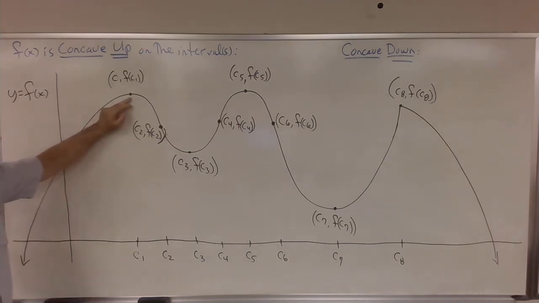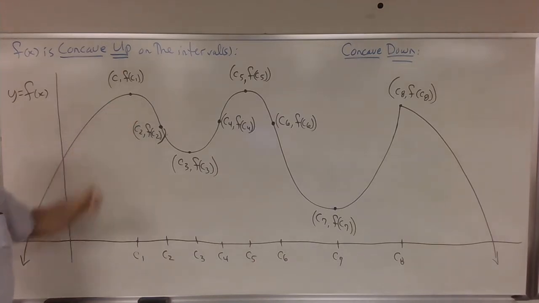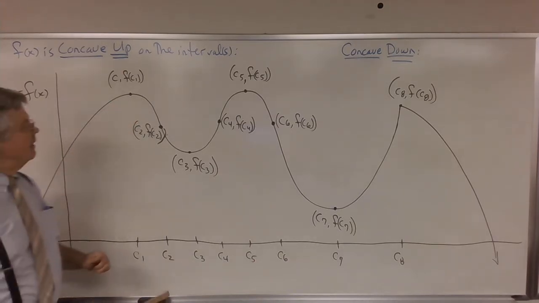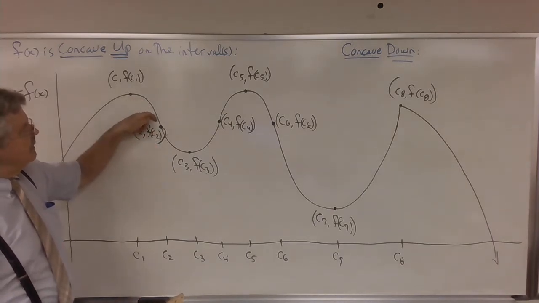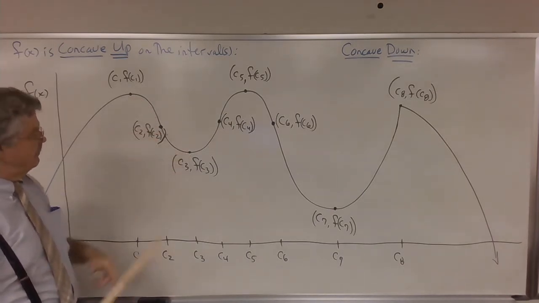What happens at this point? We have a relative maximum, but here the graph is concave down, here the graph is concave down. Concavity doesn't change here. Now right here, the graph changes from concave down to concave up.